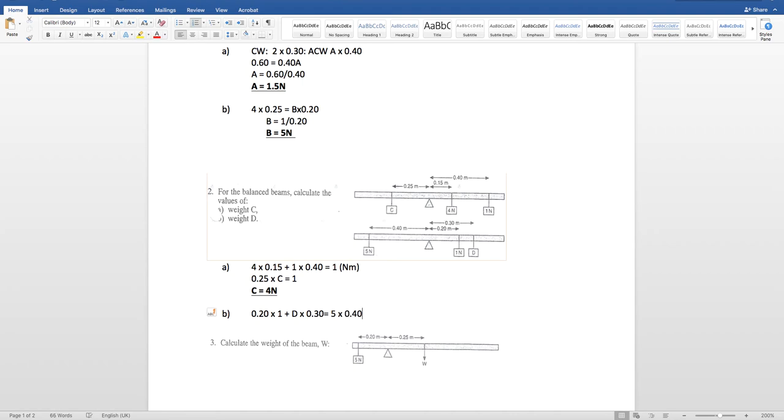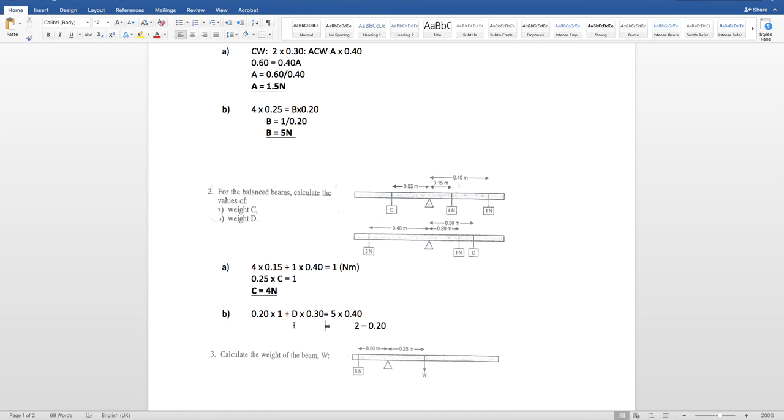So 5 times 0.40 is 2. So we've got 2, and then we're going to take away 1 times 0.2 over here, and that's going to be 0.2.